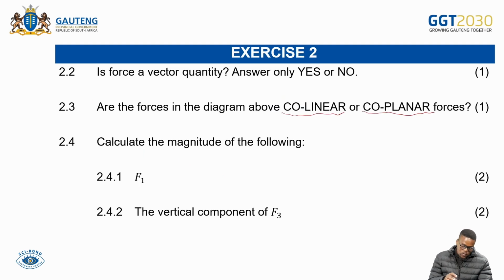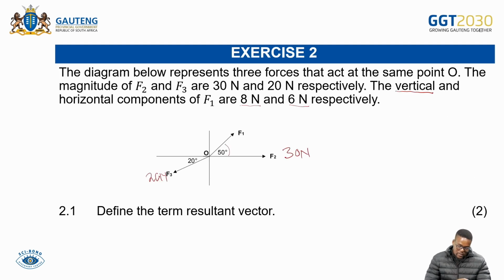Okay, so now let's go to 2.4.2: calculate the magnitude of the vertical component of F3. If you are looking at F3, this is our F3 here. Now we have to find the vertical component of F3.